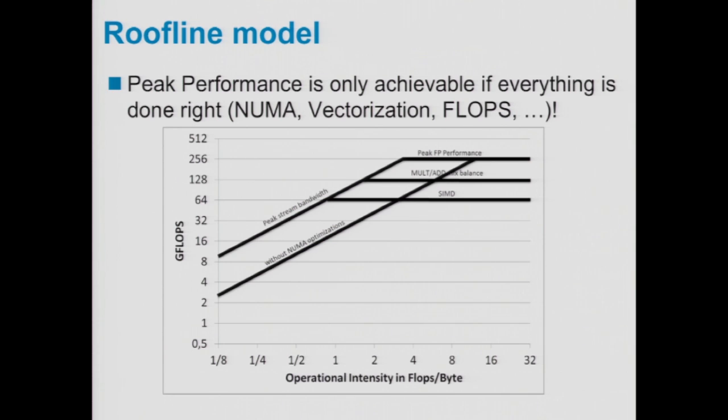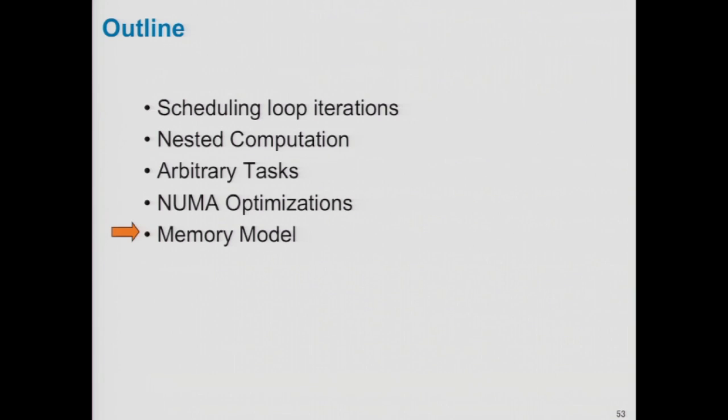On the CPU side, maybe this is the right-hand side, if you use the vector instructions, you get one level of performance. If you can figure out how to use the FMA hardware to fuse the multiplies and adds, you can get to another level of performance. If you do all of that and perfectly schedule the pipeline and the cache, you get to an even higher level of performance. All right, so let's switch from performance more to the memory model.